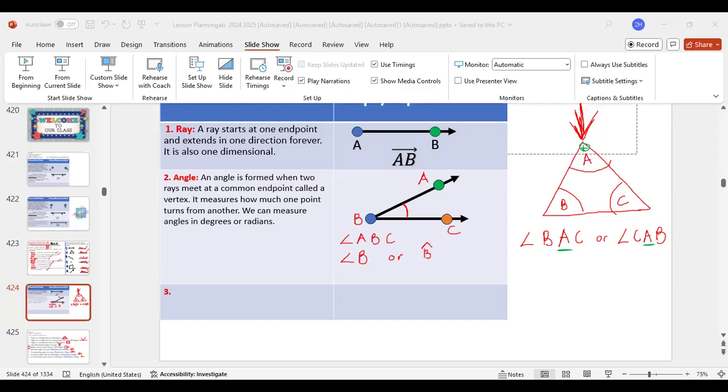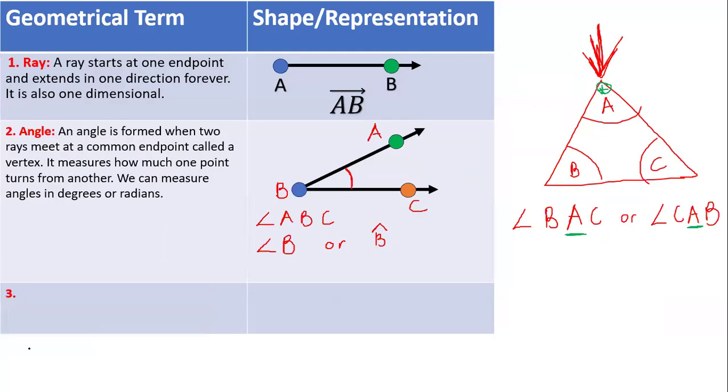Cool. So this part is the vertex. So this is the vertex. And then we call these the what? The sides.